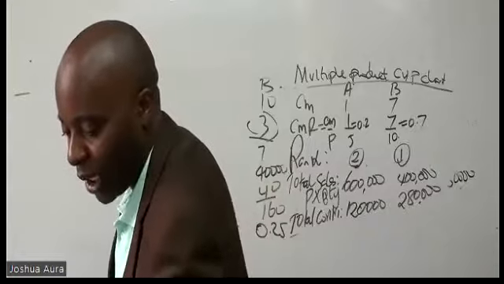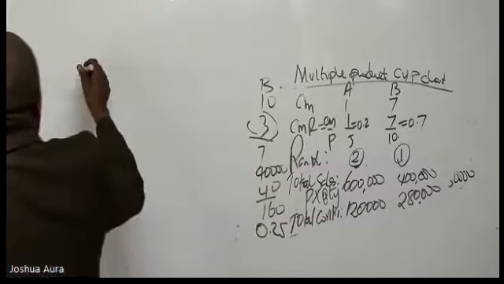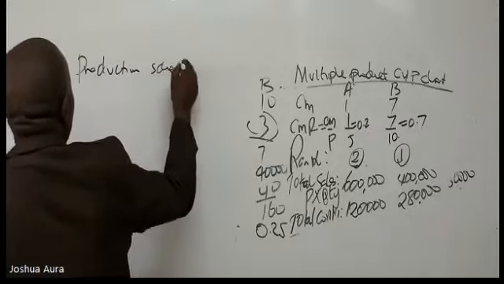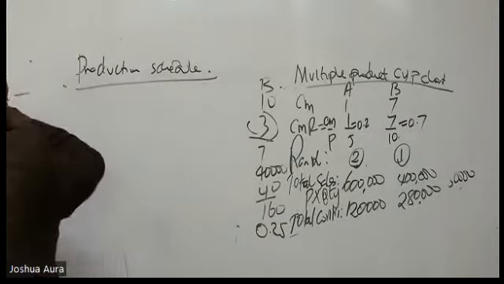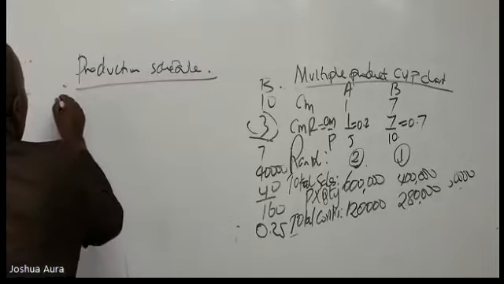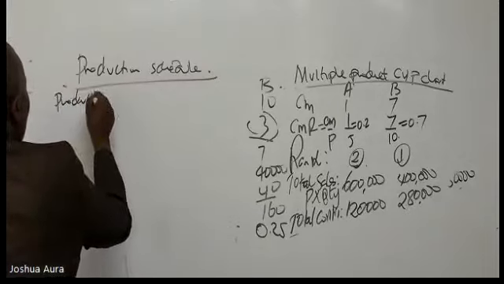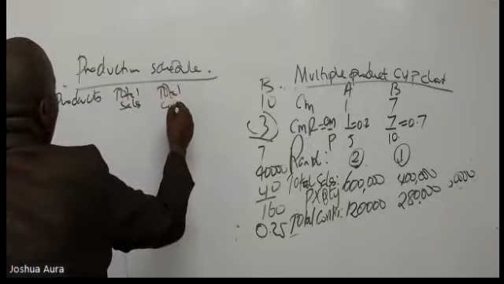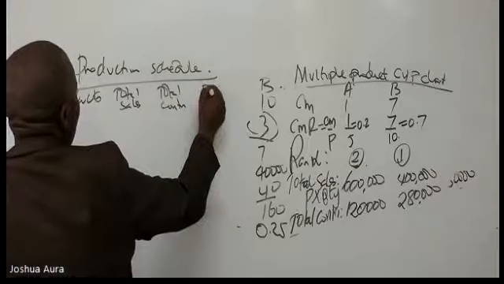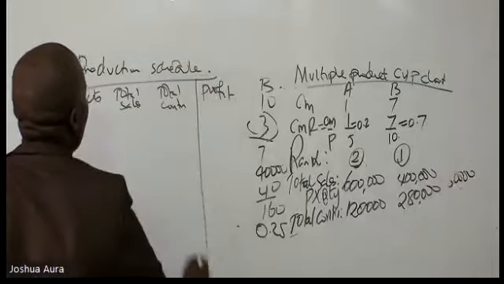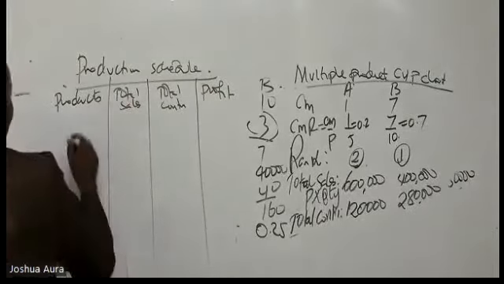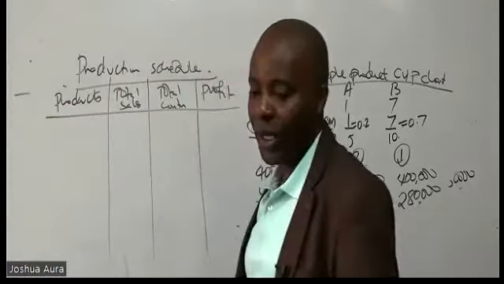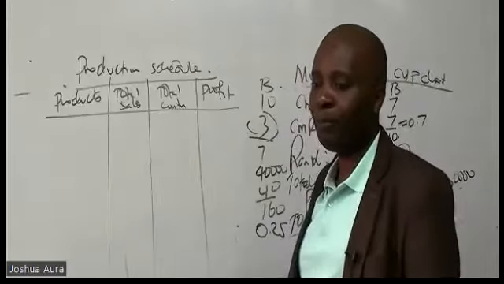So a production schedule, we have in this case products, total sales, total contribution, and then profit, just like that. Very easy like that. I love it when it's a 2-product case.